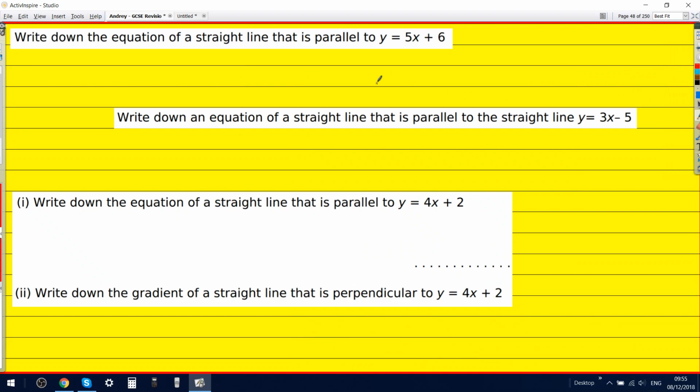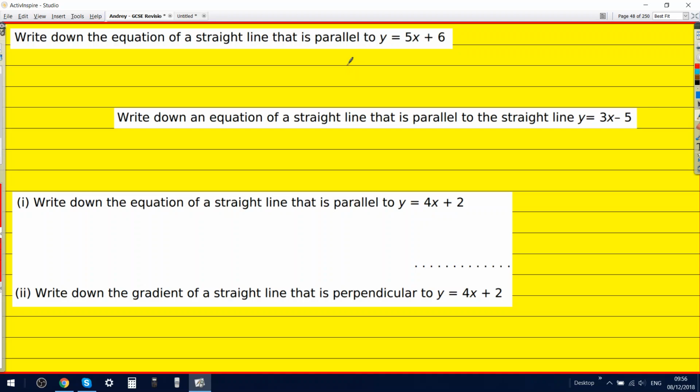Okay. How about these? And the equation is a straight line. To y. So I've done the equation of a straight line. If I just sub something into x here.